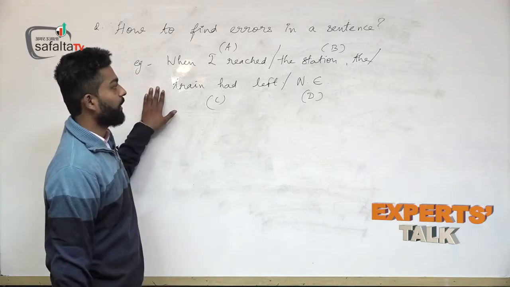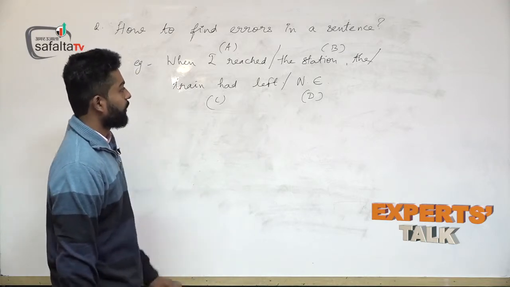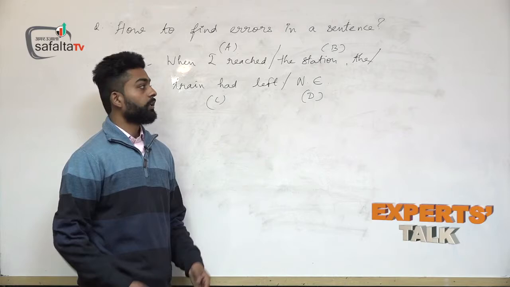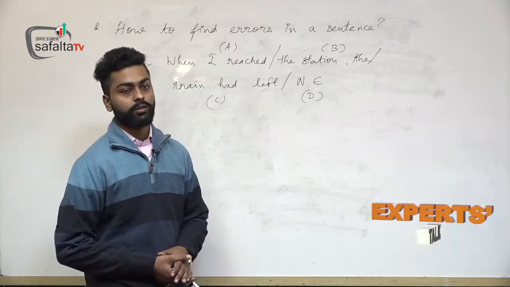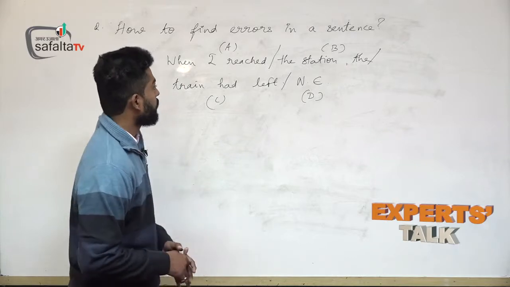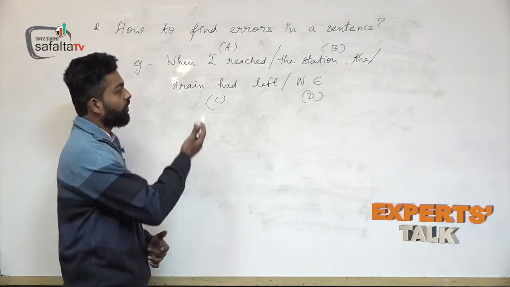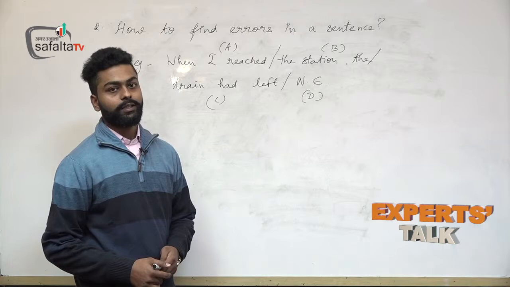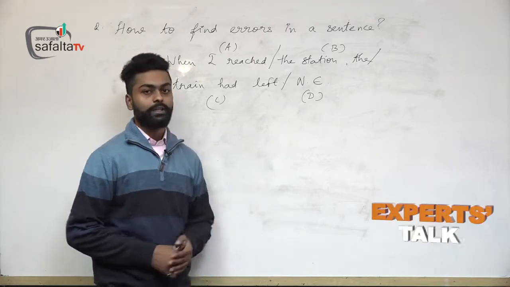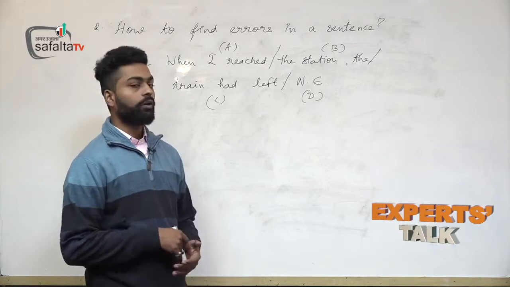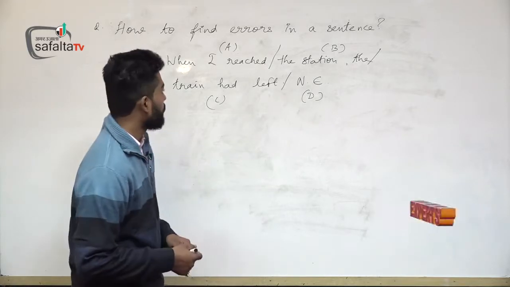There might be an error in the part of speech, or in the spelling, or any word misspelled or wrongly used, or the voice may be wrong, or the indirect speech or direct speech may be wrong. So whenever you are finding any error, please keep all these things in your mind.